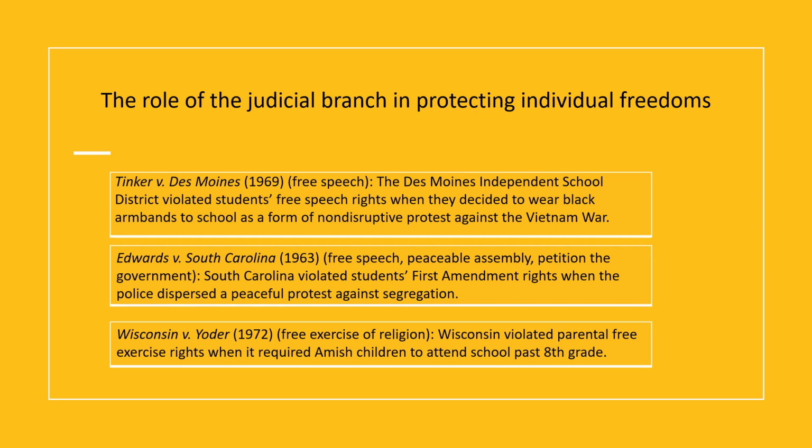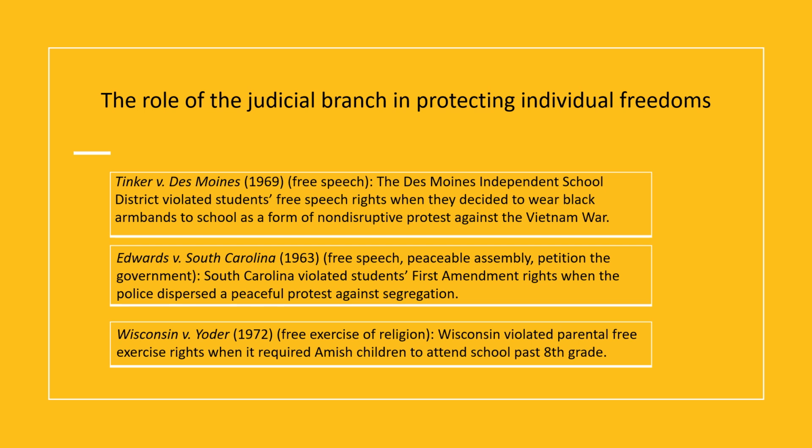In Edwards versus South Carolina, this was a free speech and a peaceable assembly and petitioning the government case. And in this case, the Supreme Court determined that South Carolina violated students' First Amendment rights when the police dispersed a peaceful protest against segregation.